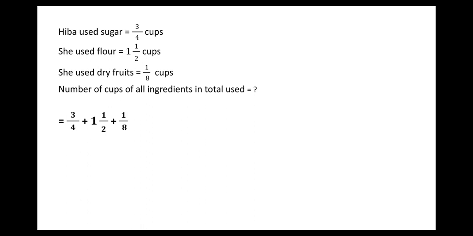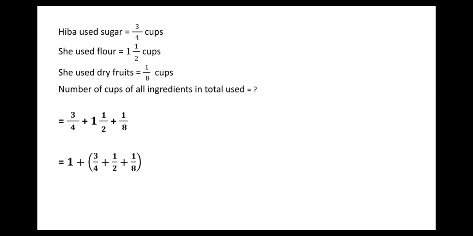In this question, first of all we separate the whole part and the fraction part. Now you can check these are unlike fractions, so first we need to convert them into like fractions.